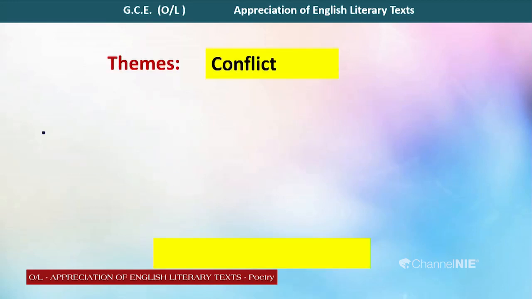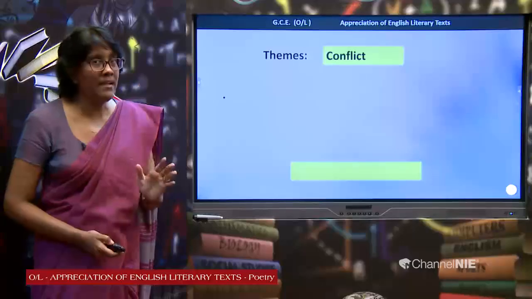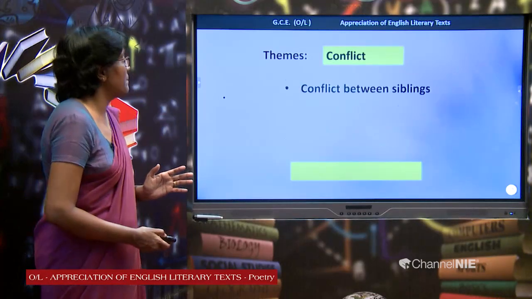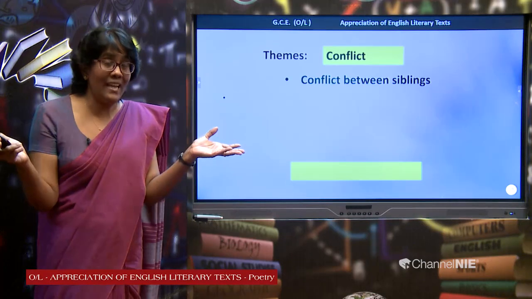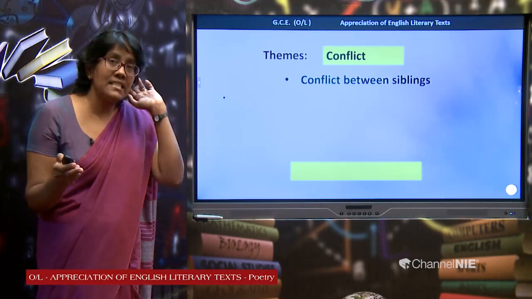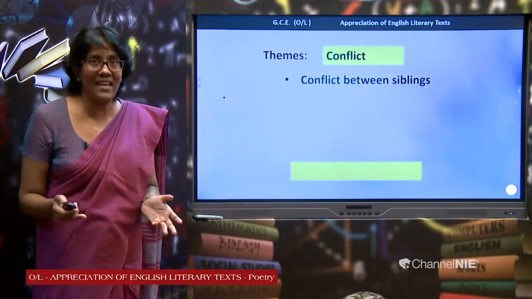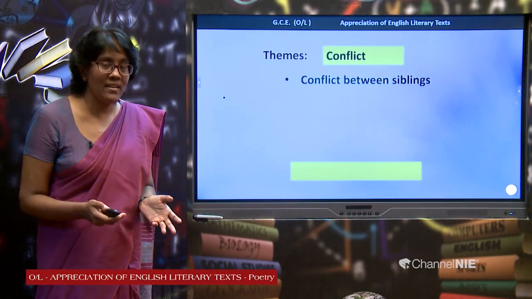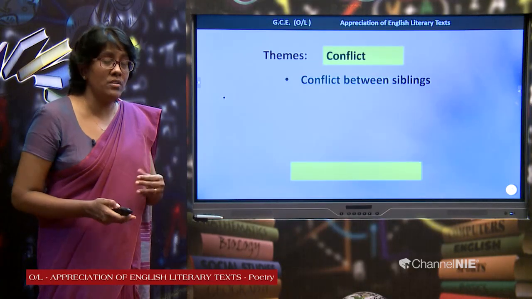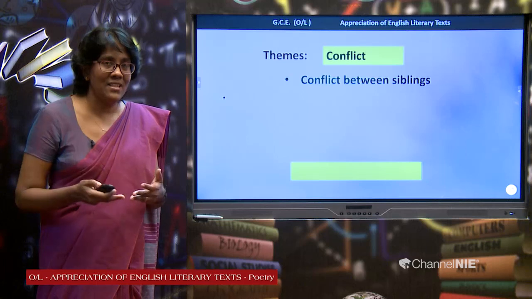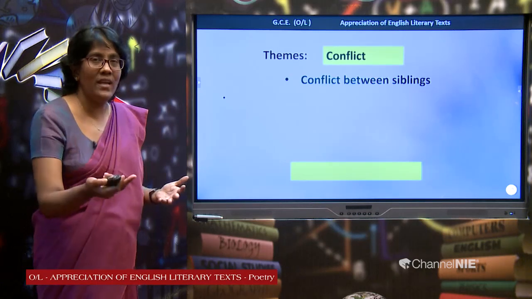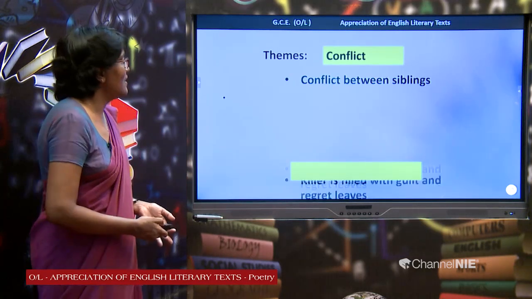Right. The themes, of course, you can by now understand the main theme in the poem is conflict. And here you can identify this is a conflict between siblings. But these siblings, of course, we all belong to the human race. So this is a conflict between one another.